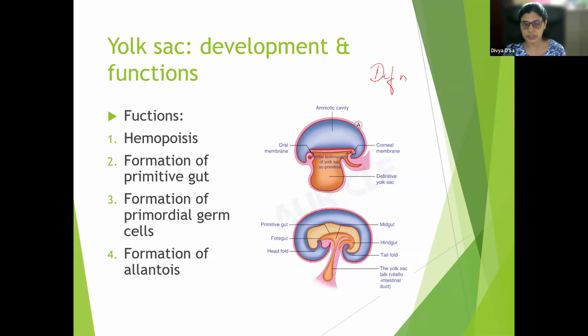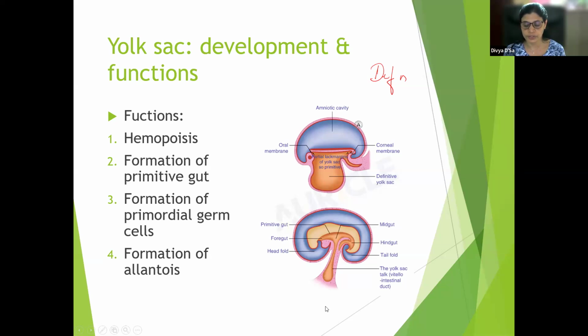Then it is responsible for the formation of the primitive gut. The portion which is taken inside forms the primitive gut. Then, from the wall of the yolk sac, the primordial germ cells are formed.